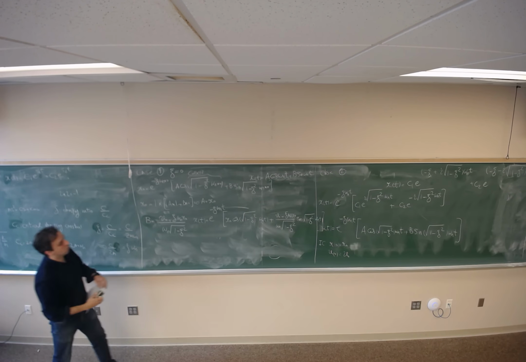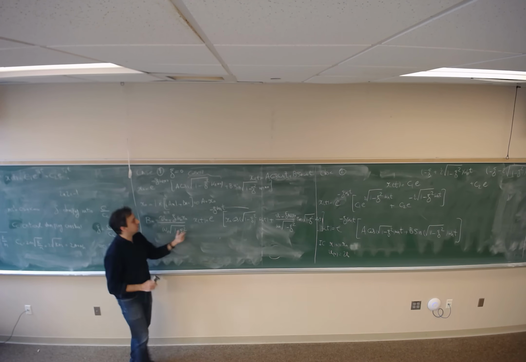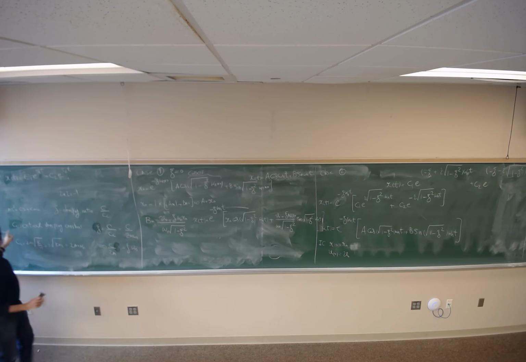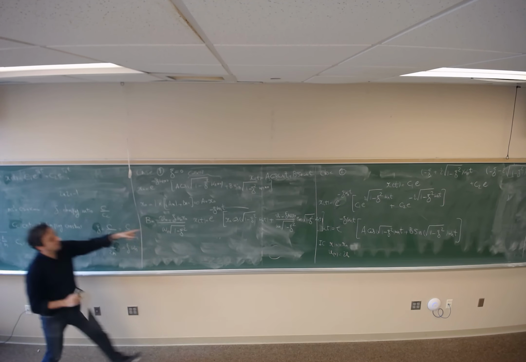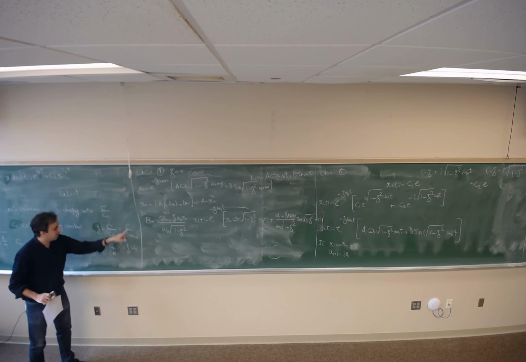So for any given time, I'm asking you where is the location of x at time point 1. You plug in 0.1. Omega n is the specification of the system, square root of k over m. Zeta is c over cc, it's c over 2m omega n.